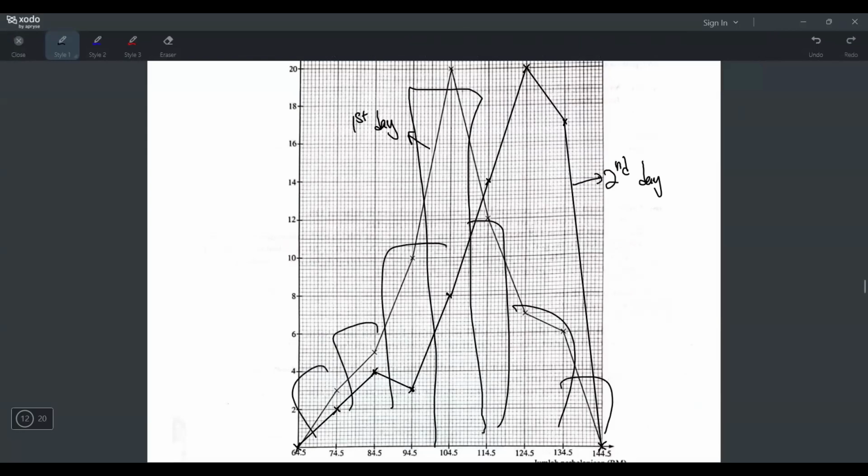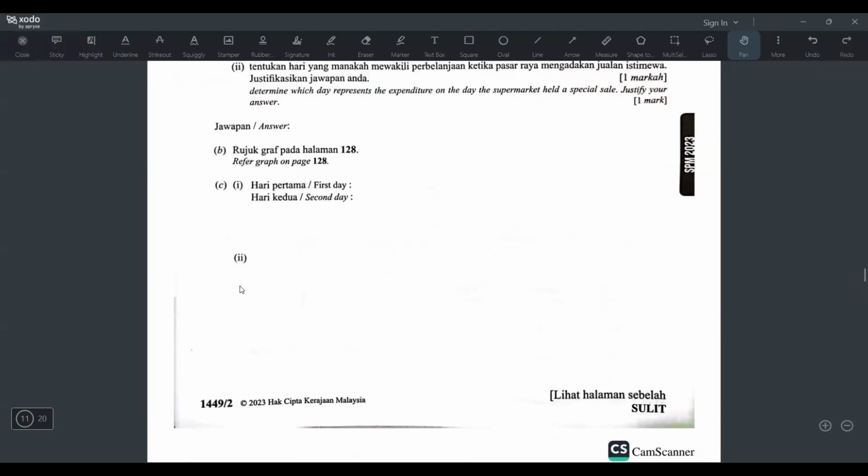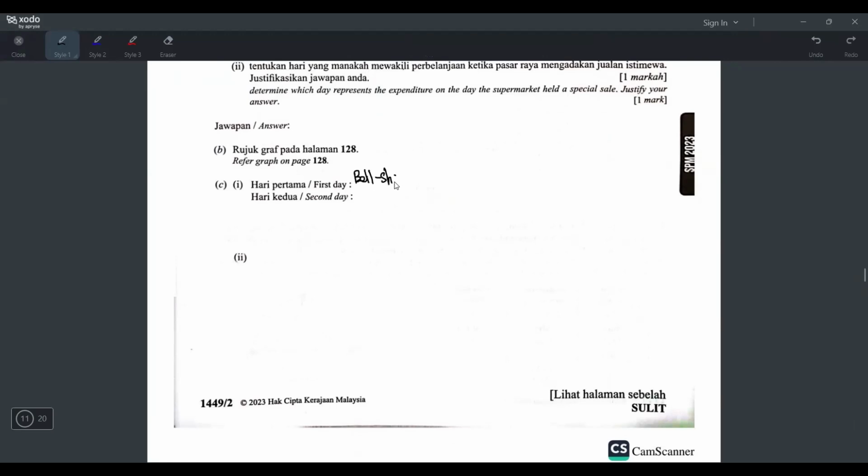So this is a bell shape lah. Bell shape, right? Bentuk loceng. So the answer is bell shaped. So I'll just go here and write bell shaped. That's the shape. Okay, what about the second day?